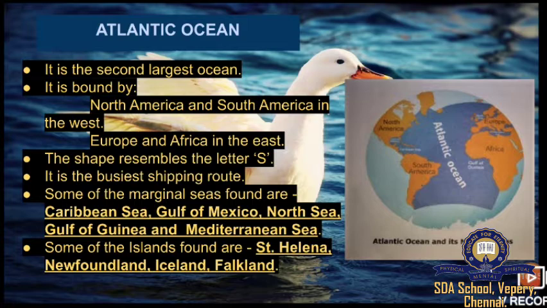The parts which are orange and inside the dark blue are the islands. So the Atlantic Ocean is the second largest ocean. They are in the form of an S, and they have 5 marginal seas and 4 islands.